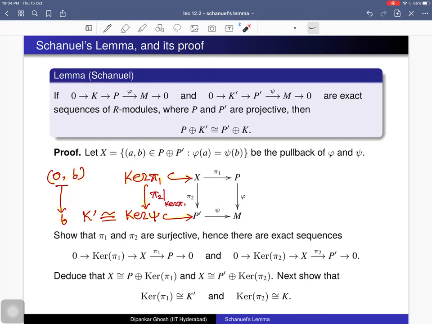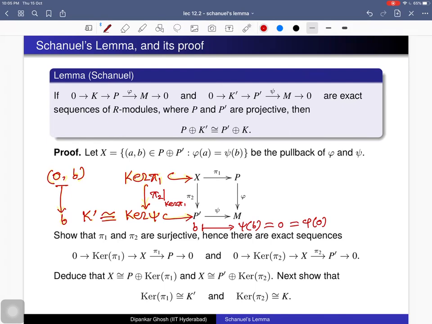And is this map surjective? Answer is yes, because if we consider an element in kernel of psi, suppose b is an element of kernel of psi. So, therefore, b is going to psi of b, and that is 0. We can think that this is the same as phi of 0.